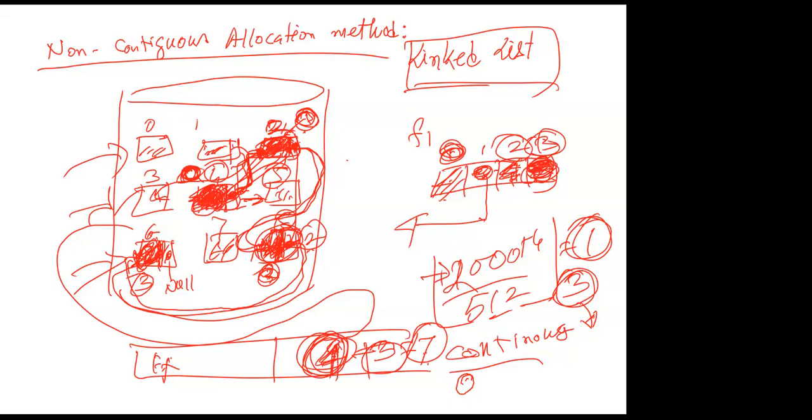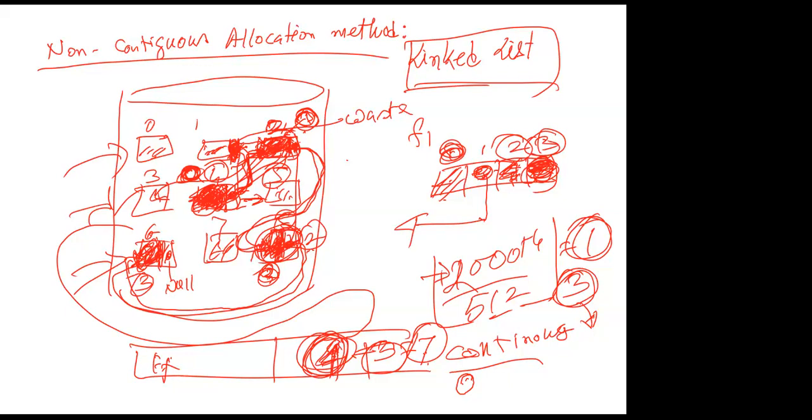Also, here you maintain a pointer. A pointer is nothing but the address of the next block. So you maintain the address, and it takes some memory, so there is a little waste of memory for every block.